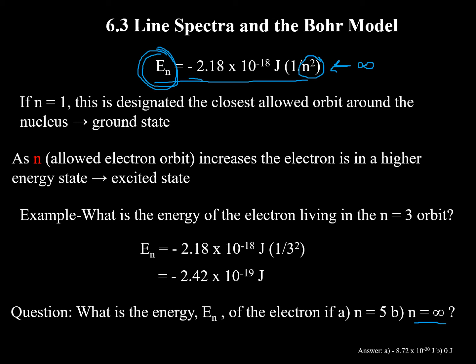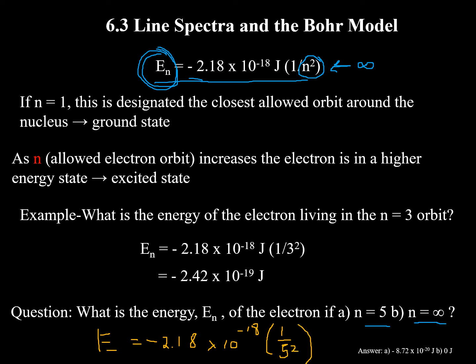For instance, if I said n equals 5, what would that value be? E equals negative 2.18 times 10 to the minus 18 times 1 over 5 squared, so 1 over 25.